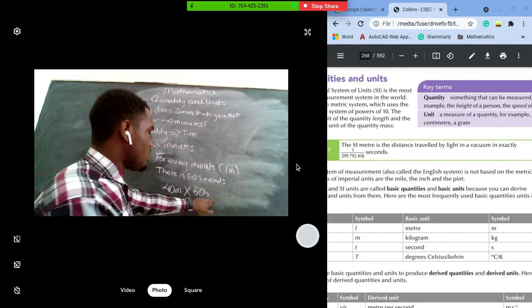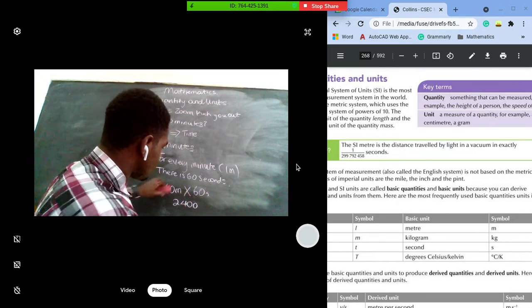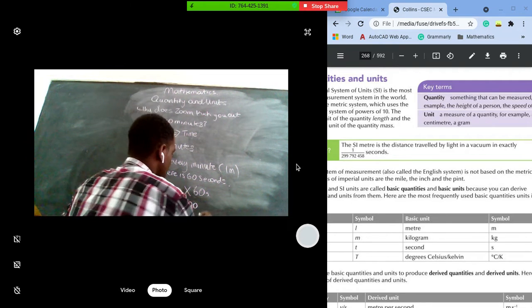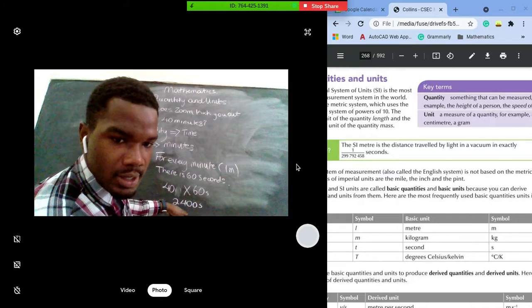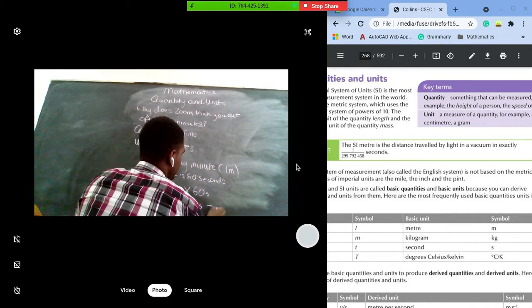Would it be 2,400 minutes or 2,400 seconds? 2,400 seconds. Right? So therefore, 2,400 seconds is the same thing as 40 minutes.